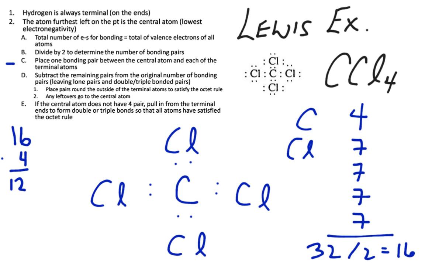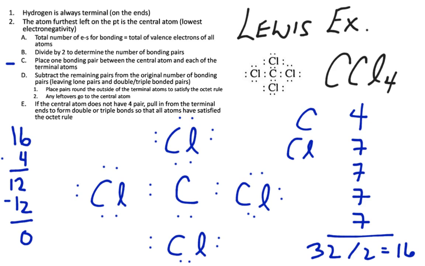Now we're going to place our pairs around the outside of the terminal atoms to satisfy their octet. So count with me. 1 pair, 2 pair, 3 pair, 4 pair, 5 pair, 6 pair, 7, 8, and 9, 10, 11, and 12. Subtract that from our total, we have 0 pairs. Now we need to check every single atom. Remember that there is an overlap of the atoms so that pairs are shared.